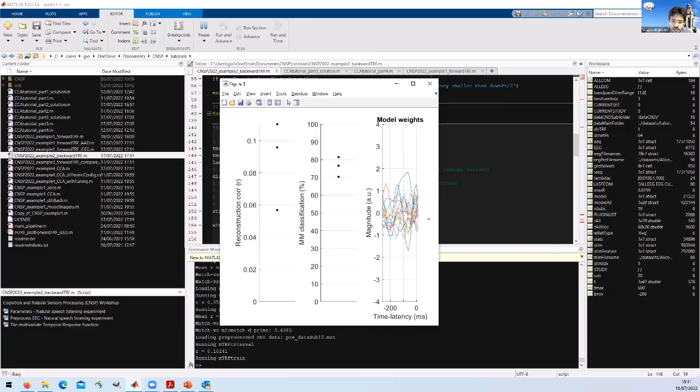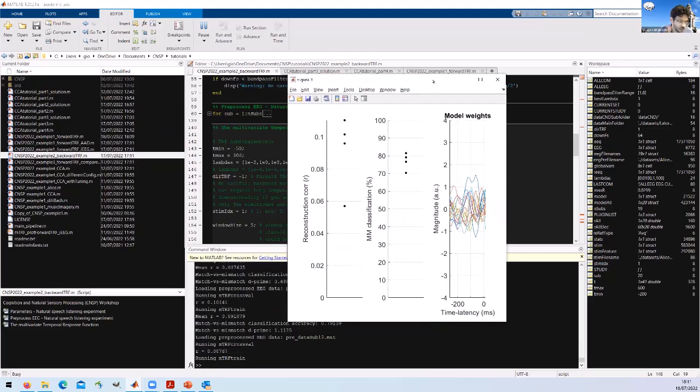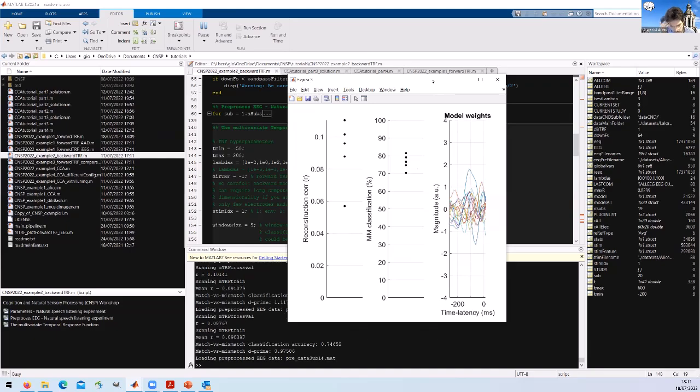So the model weights, you can't really study them in a physiological sense. And that's something that one of the papers that Liberty showed, what was it? I can't remember. Heilbronn 2017, I can't remember. So that's discussed there anyway. We can talk about that. But the main point is that this is the reconstruction correlation for each subject, which you see is around 0.1.